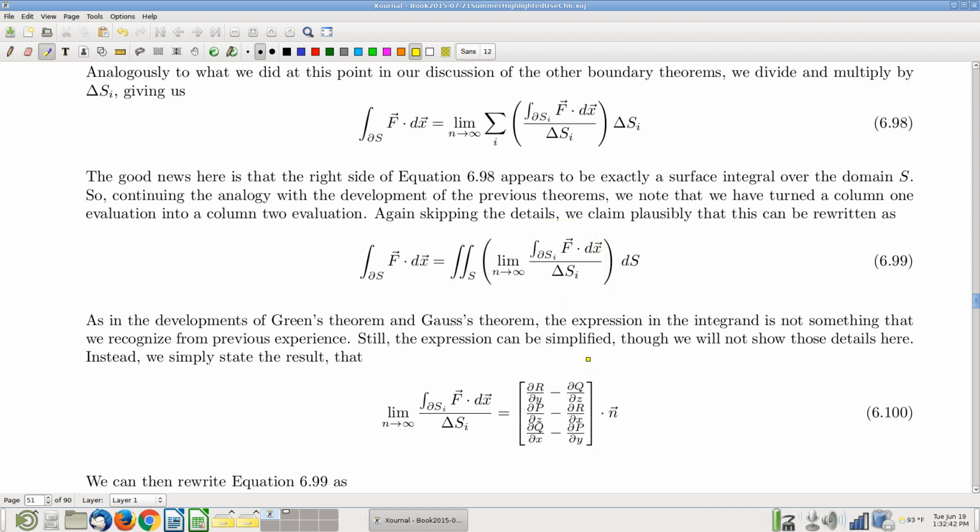Weird fact to notice about this formula, though, it's not just dependent on the vector field. That's something that you compute from the vector field, but there's this other kind of factor here, and that is the unit normal vector. So that's a little bit strange. This integrand here, the limit of circulation per unit area, seems to depend on how the little piece of surface is oriented.